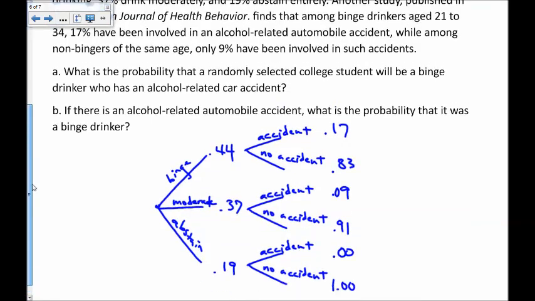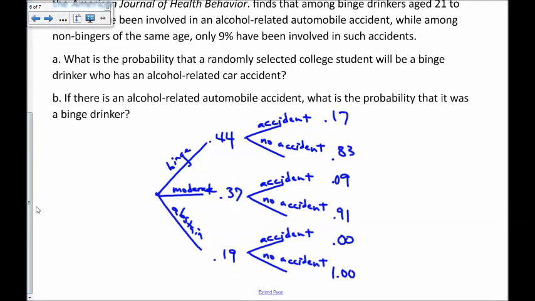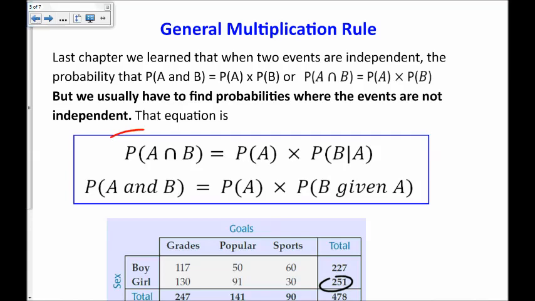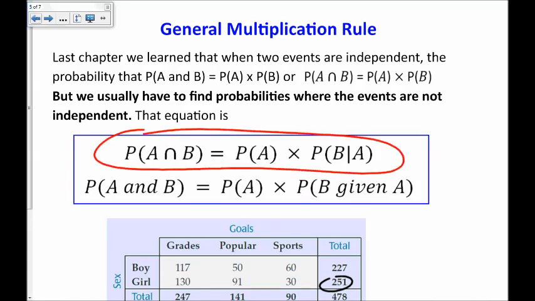Okay, so once I've organized this data, these questions become much more accessible. So what is the probability that a randomly selected college student will be a binge drinker who has had an alcohol-related car accident? So I'm looking at binge drinkers who have had a car accident. Okay, I'm looking at that part of the tree diagram and referring back to this formula. I will multiply those together.